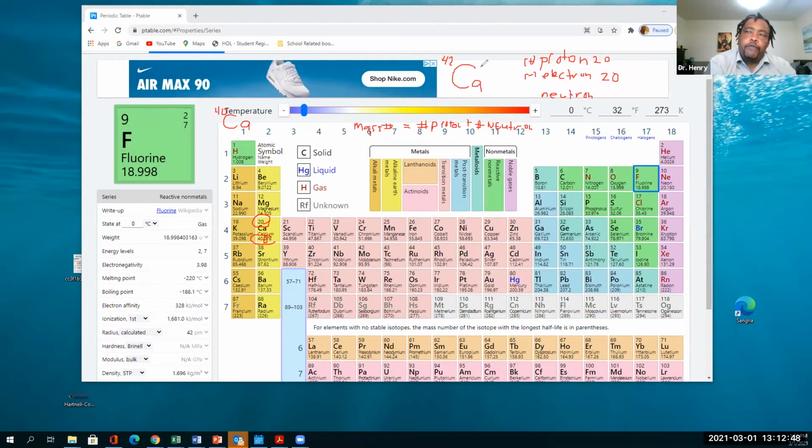Okay, for calcium 42, which is our isotope of normal calcium, how many neutrons do I have? How would I calculate that? So this here is our new mass number.